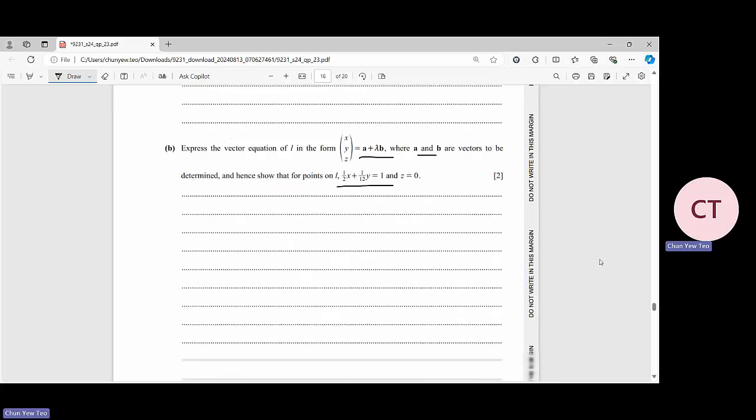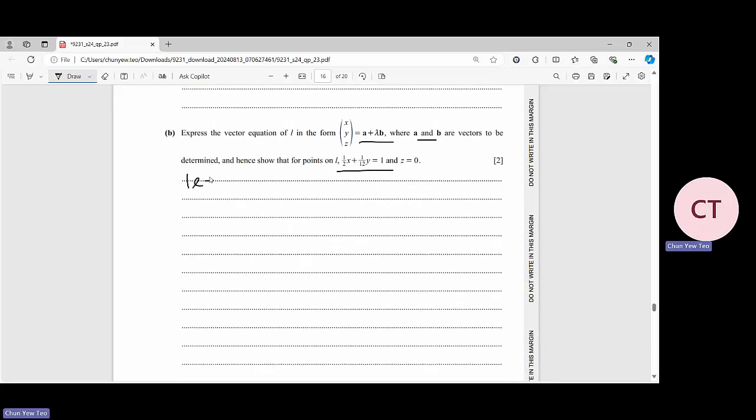First of all, we just call the point OA as (1, 6, 0), then OB as (3, -6, 0). So we're going to form AB, the directional vector of the line L. This AB will be (2, -12, 0).